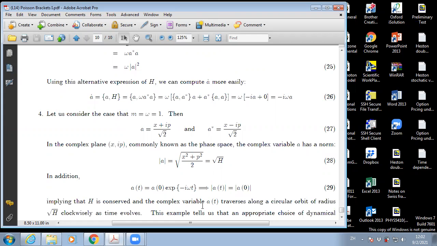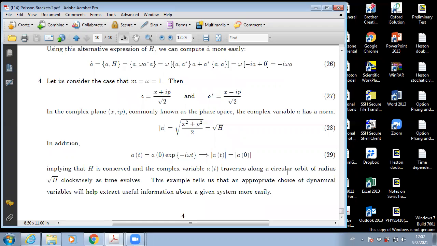So that means A(t) traverses along a circular orbit of radius square root of H in the complex plane X and iP.